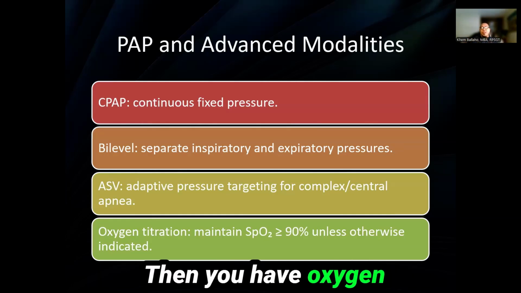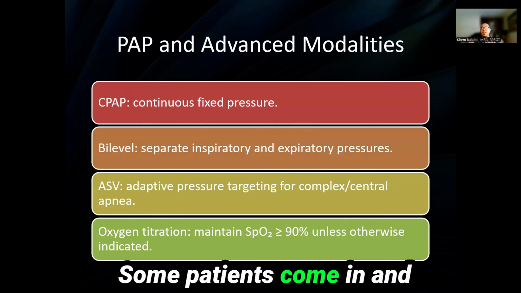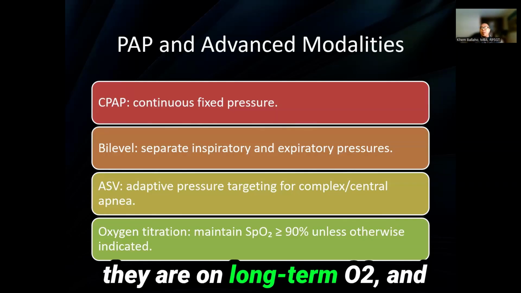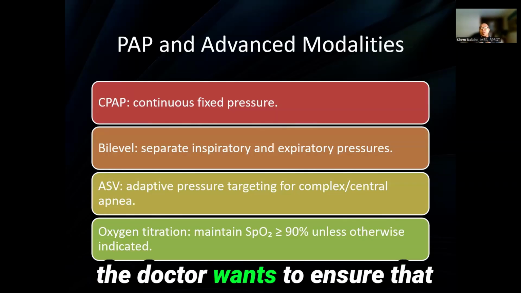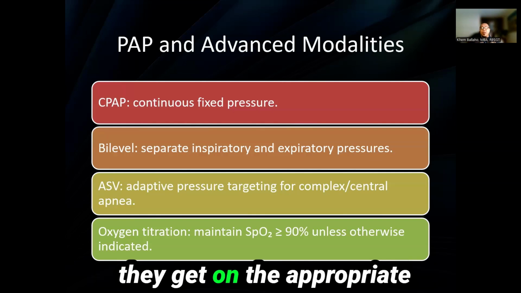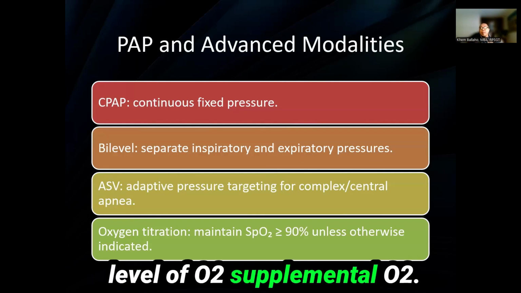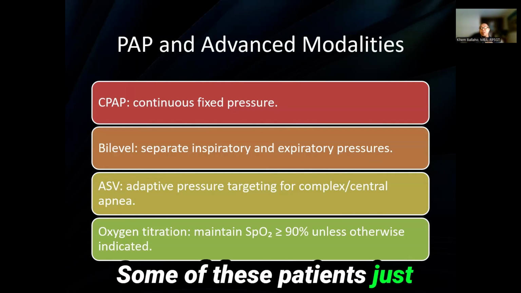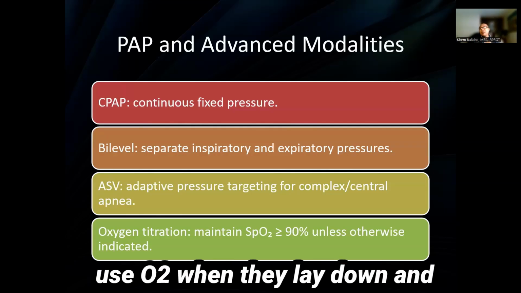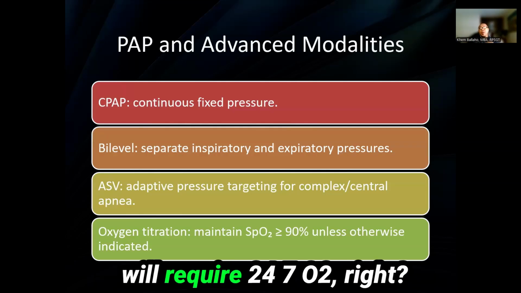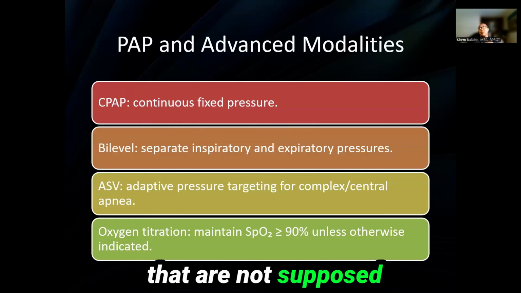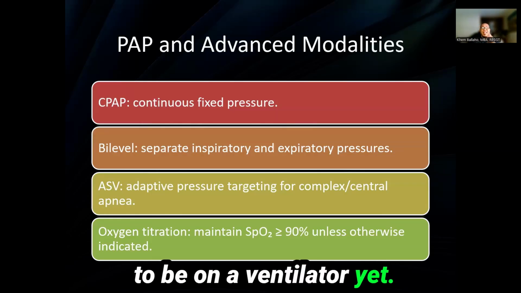And then you have oxygen titration, right? Some patients come in, they are on long-term O2, and the doctor wants to ensure that they get on the appropriate level of supplemental O2. Some of these patients just use O2 when they lay down and go to sleep. And some patients will require 24/7 O2, right? But these are your patients that are not supposed to be on a ventilator yet.